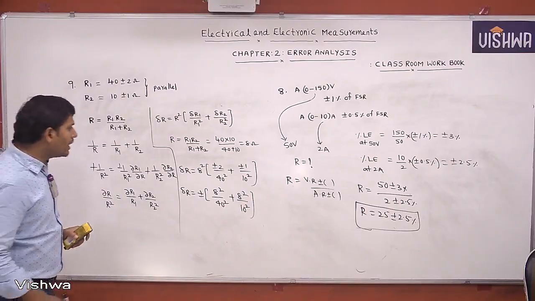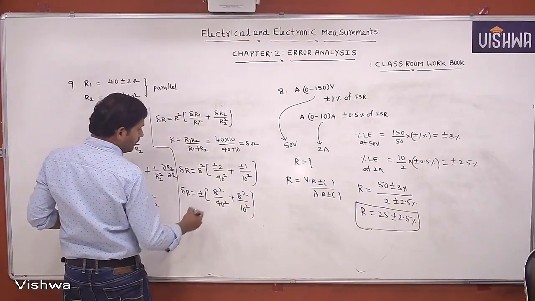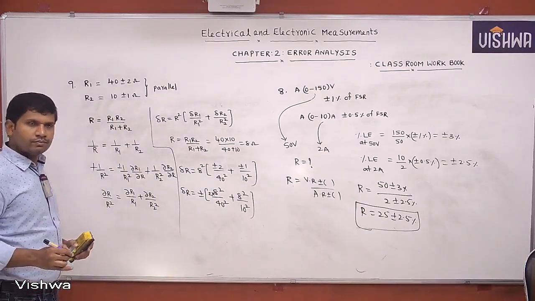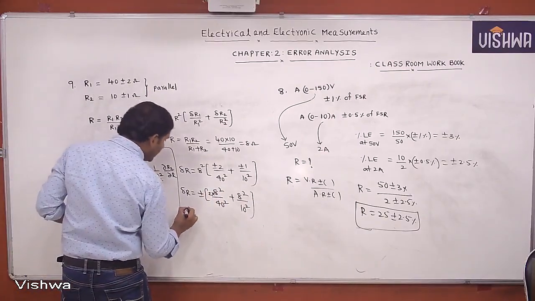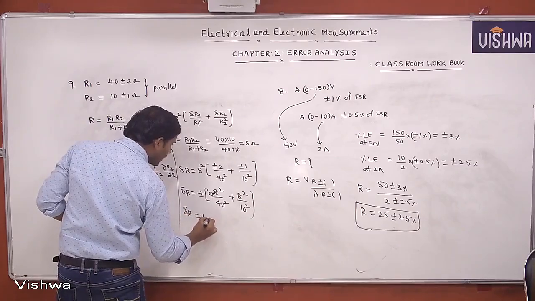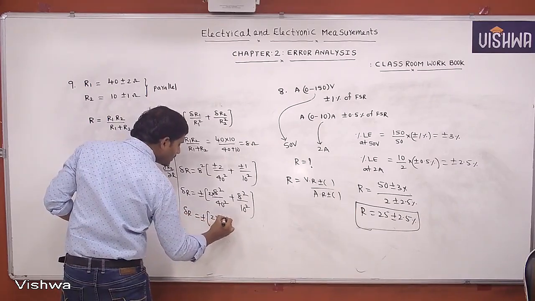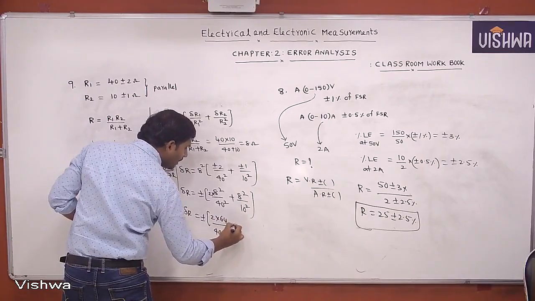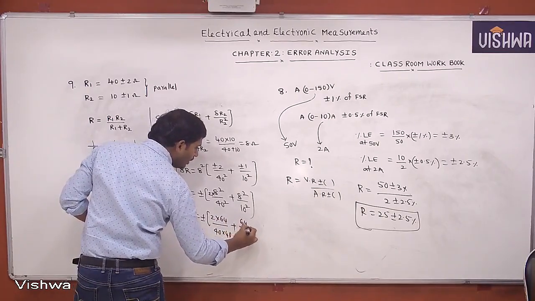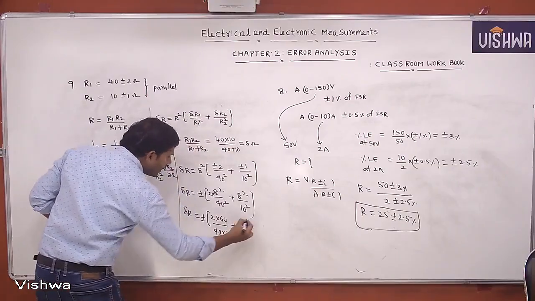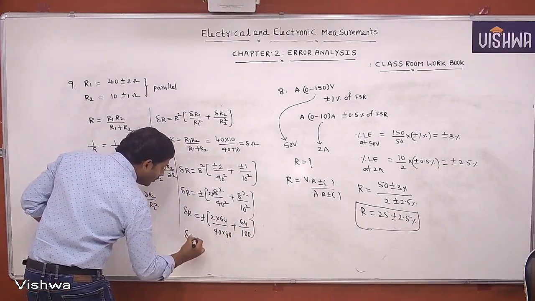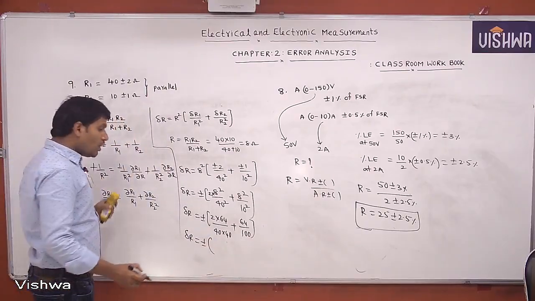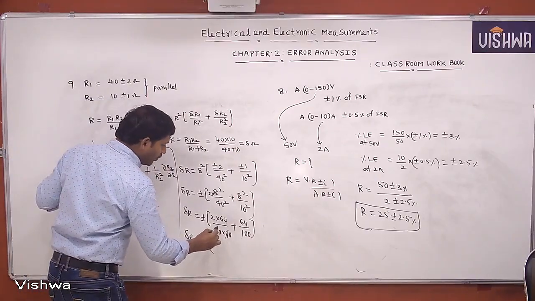Simplify this. What do you get? Tell me. This is 2 into 8 square by 40 square. Then how much delta R can you get? Plus or minus 2 into 64 by 40 into 40, plus 64 by 100. Then what do you get? Delta R equals plus or minus, this goes 4 times, 4 4 16.